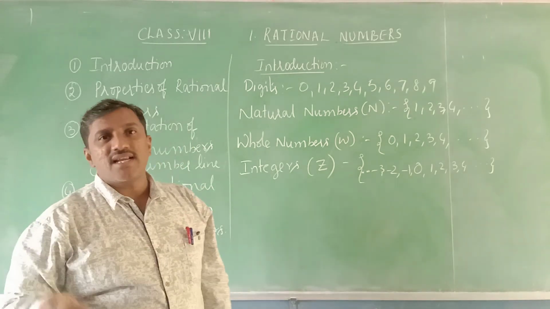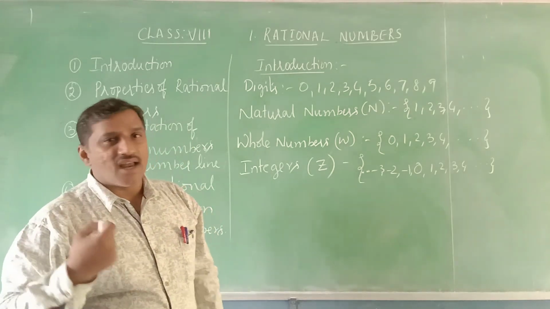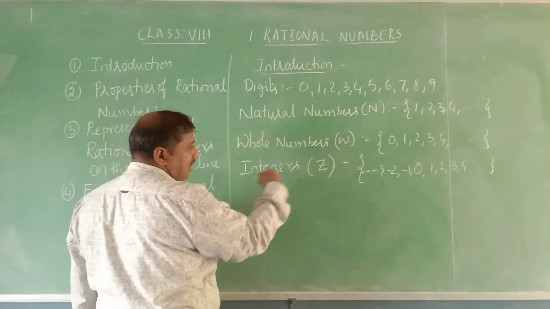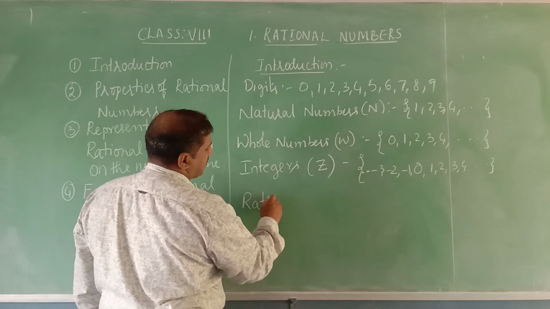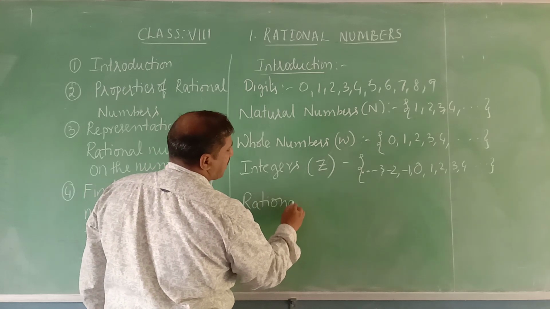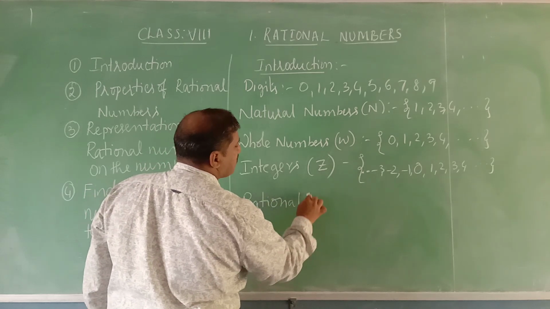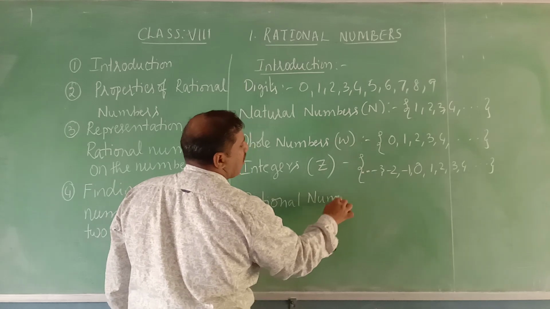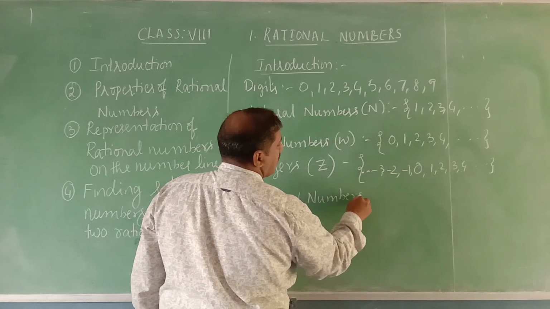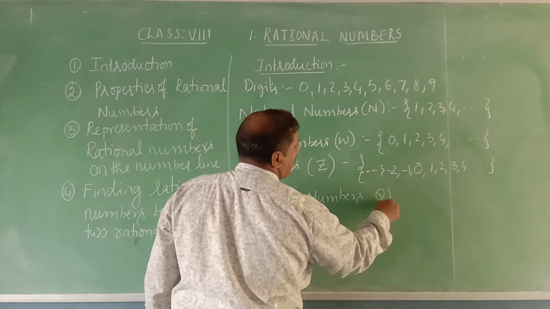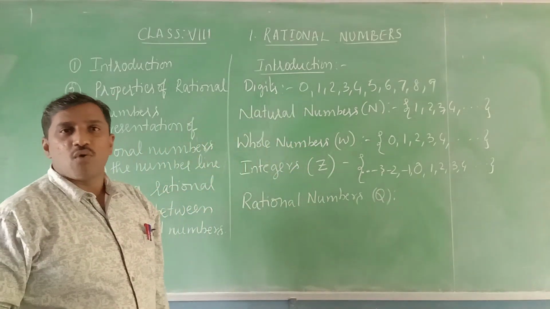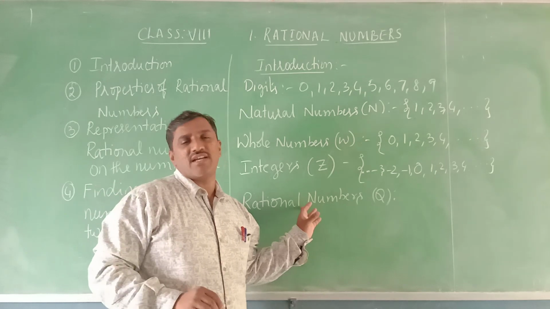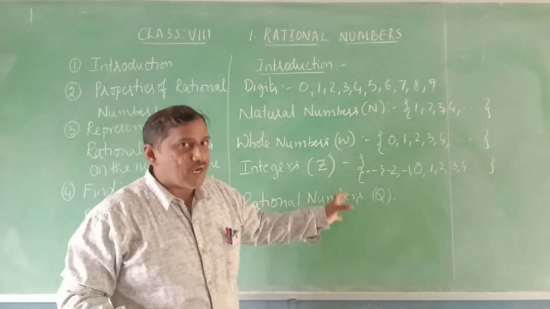Then rational numbers also we have studied in class 7th. The next type of numbers are known as rational numbers. Rational numbers are represented with a letter called Q. Q came from the other name of rational numbers, quotient.